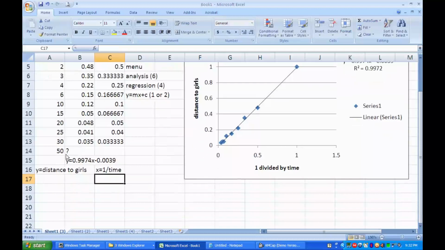So, time is 50, but we're not going to put in 50 into our equation here. We're going to put in 1 over 50. So 1 divided by 50 should be 0.02.